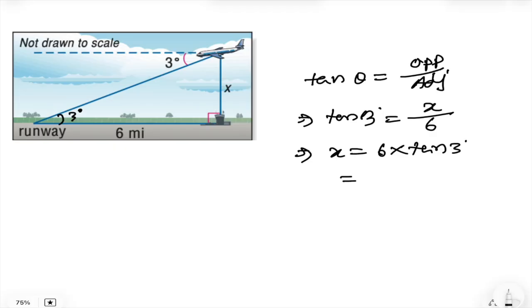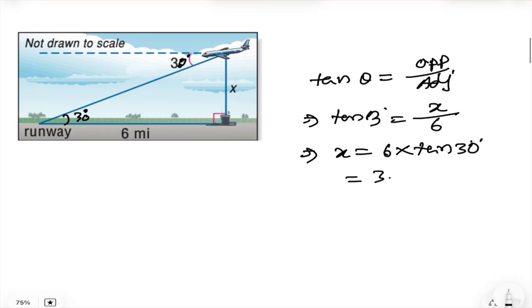It is a mistake maybe. Okay, I use 30 degrees here, because it is a big angle. It does not look like 3 degrees, it looks like 30 degrees maybe. Okay, tan 30 degrees times 6 is 3.46 miles or something like that. It is your answer.